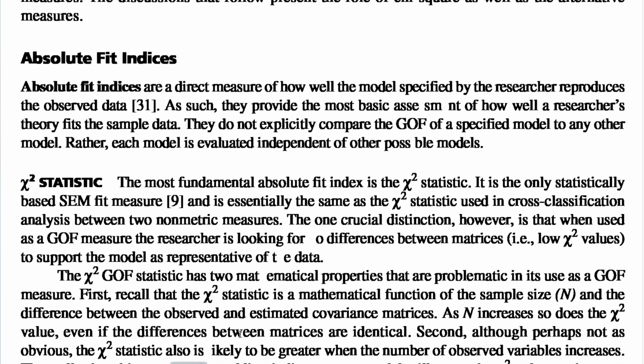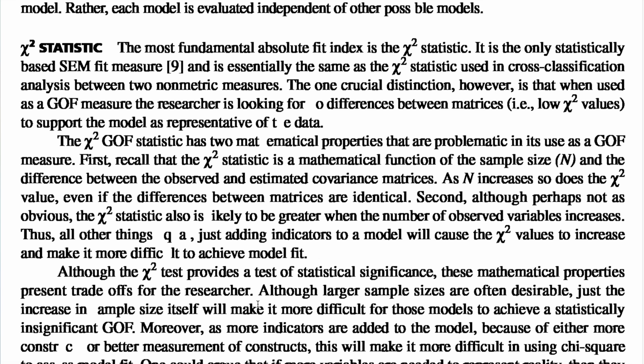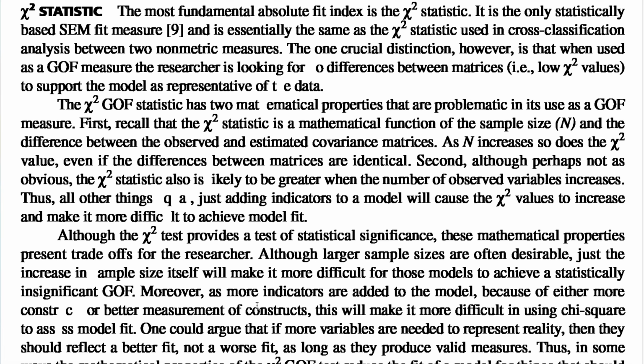Chi-square goodness of fit has two mathematical properties that are problematic in its use as a goodness of fit measurement. First, recall that the chi-square statistic is a mathematical function of the sample size and the difference between the observed and estimated covariance matrices. As sample size increases, so does the chi-square value, even if the differences between the matrices are identical.